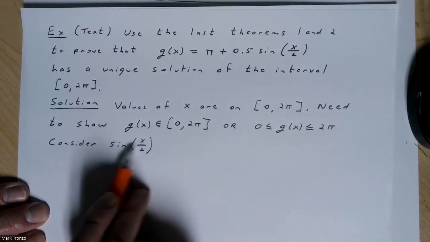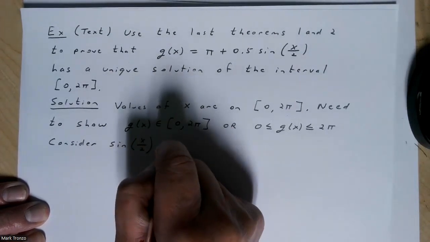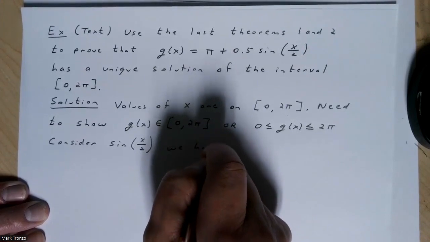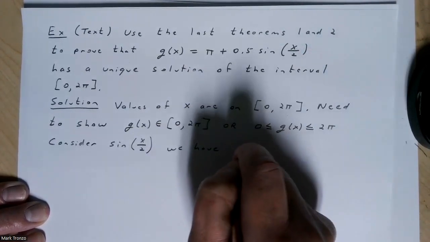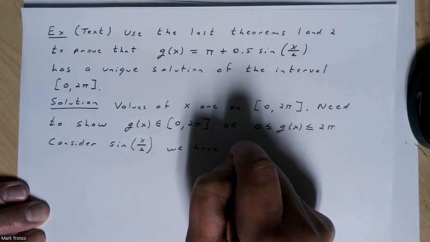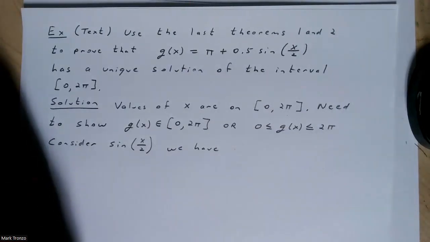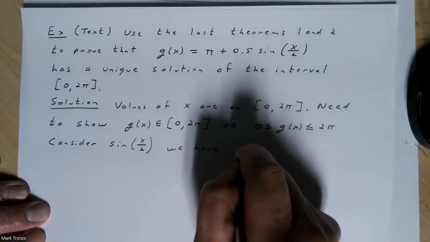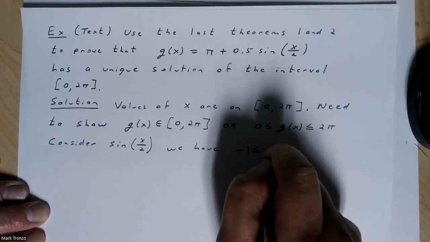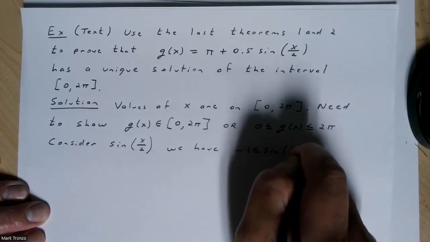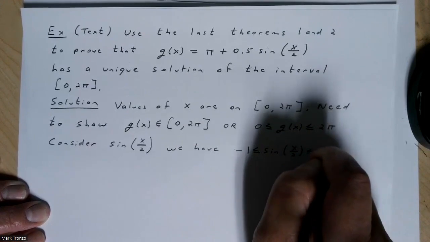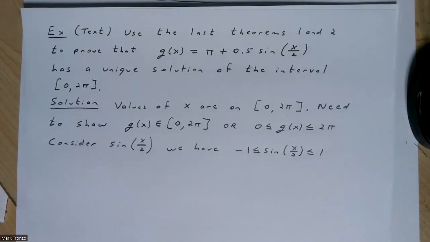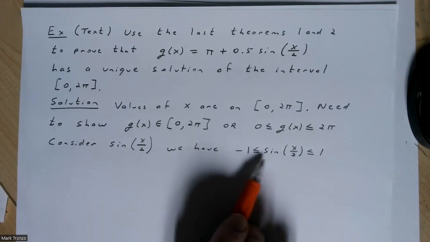We can just say that the sine of anything, no matter what you put in, the output is always going to be between -1 and 1. You could narrow that down more, but we may not need to. We know that this is true.